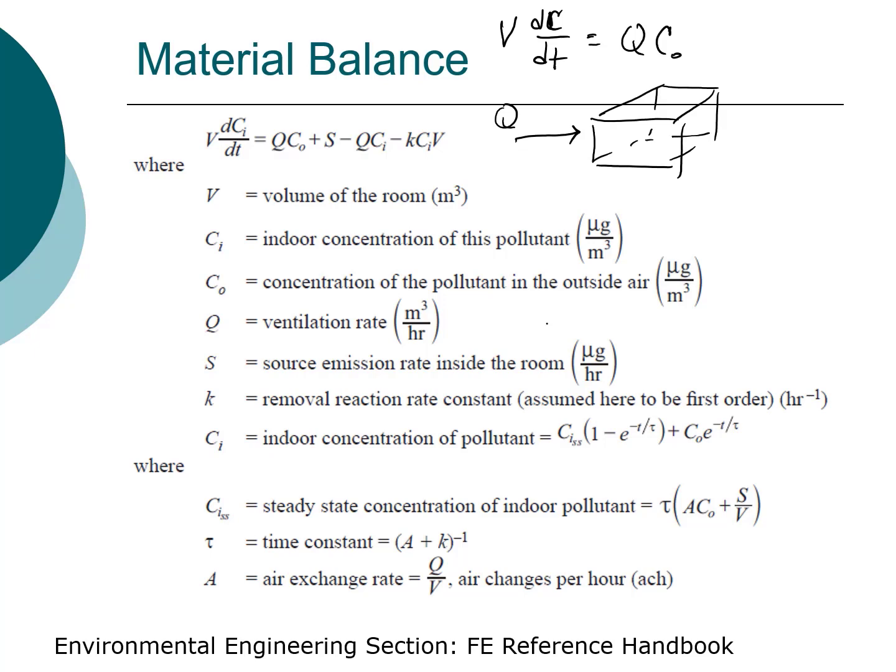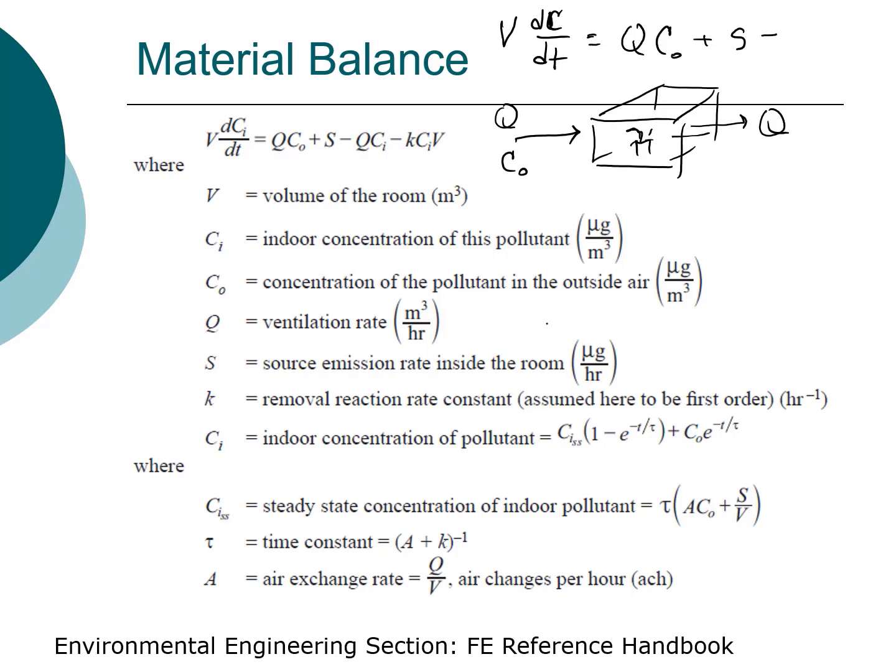So we have a flow in, and in this case, C naught is the concentration of the pollutant in the outside air. We have a source term inside, and we have a term for the pollutant leaving. So Q in equals Q out, so we'll just use Q.